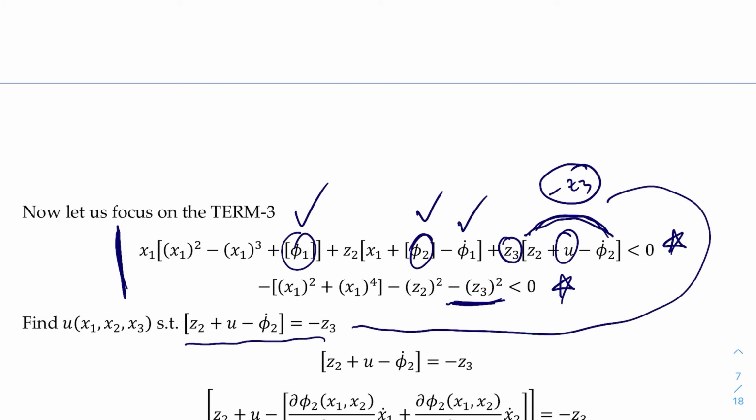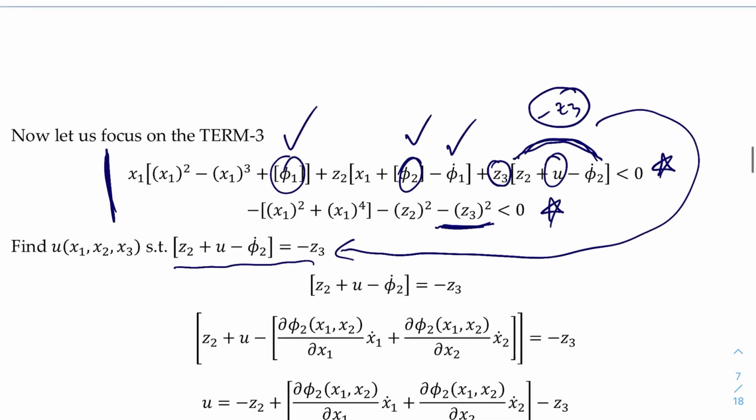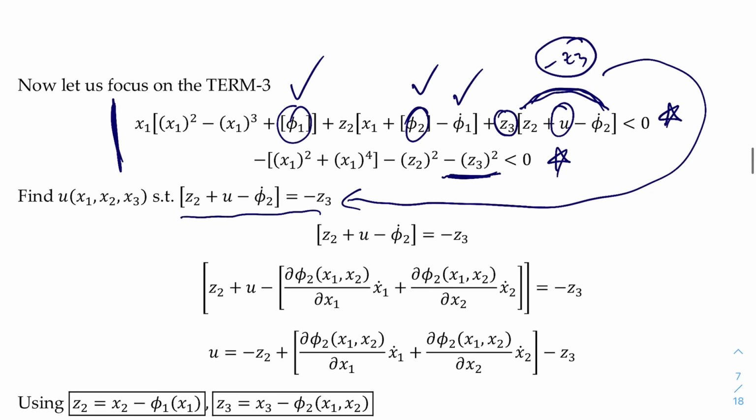By using that equality you need to just recover u, and here it says phi2 dot.